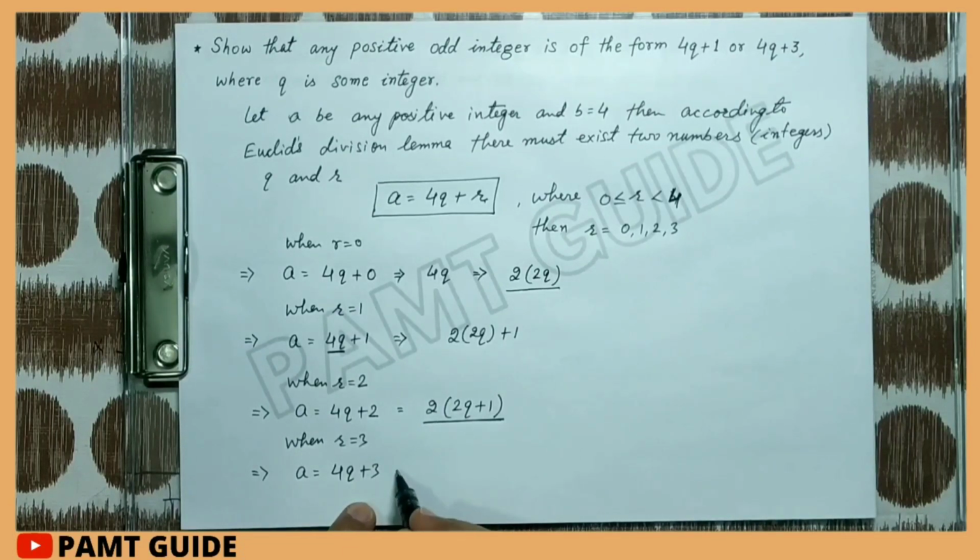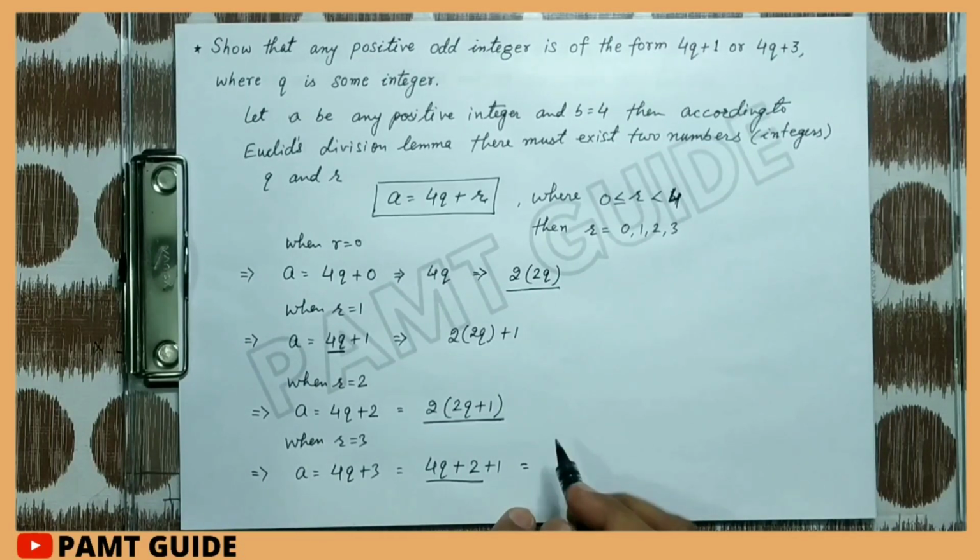So we can write it in the form of 4q plus 2 plus 1. Now we are able to take common from 4q plus 2. So when we take common, we can write it 2, 2 2s are 4, 2q, 2 1s are 2, and we remain 1, write only after the brackets plus 1.